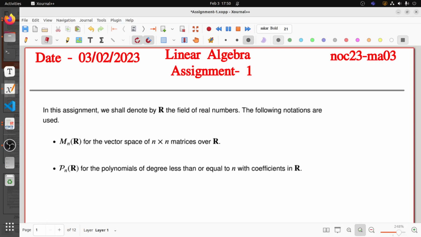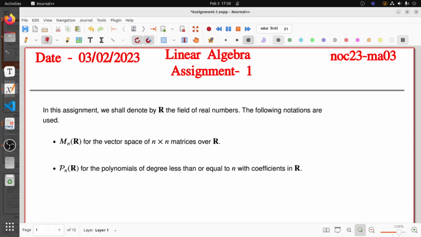Now the next one is saying W is all P in P3 such that S of P equals 1. Now you have to check this. So question number 2: W is all P in P3(R) such that S of P is 1.